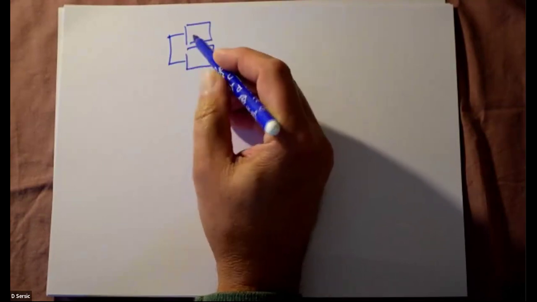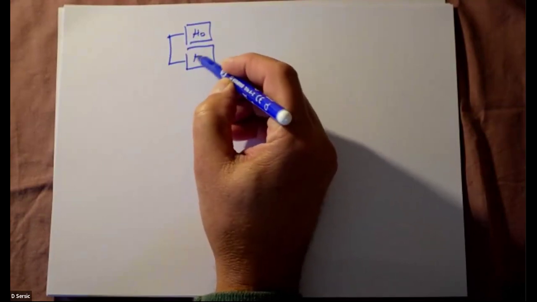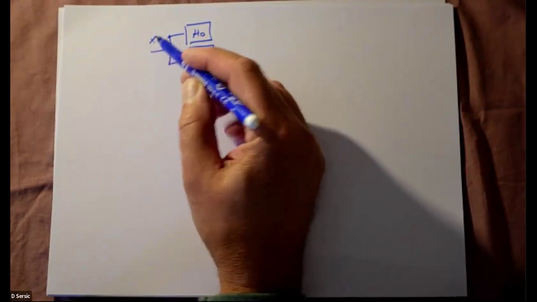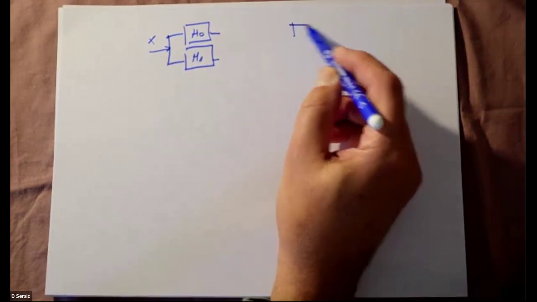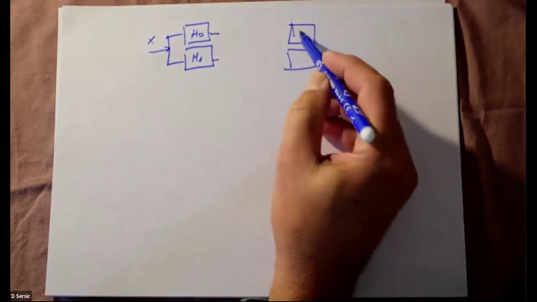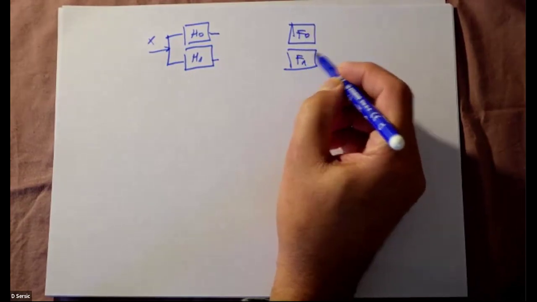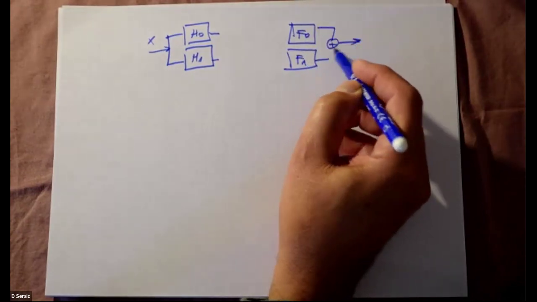Okay, stop. I will change the camera. Here it is. At the very beginning, we had a two-band filter bank. That filter bank was without any decimation and interpolation.